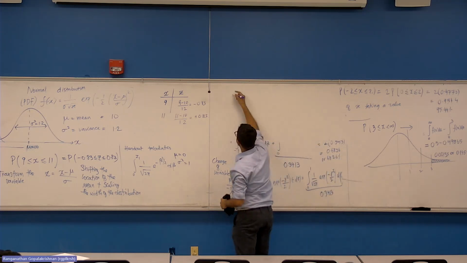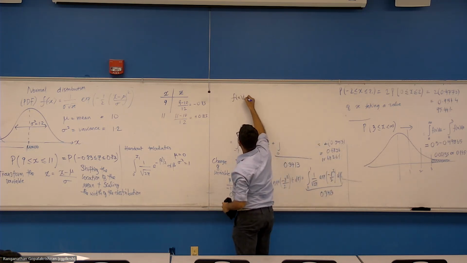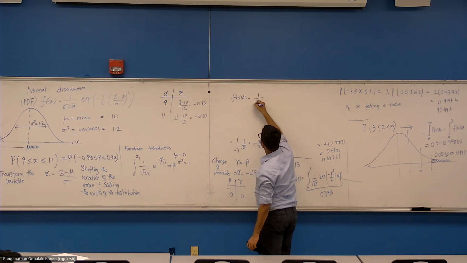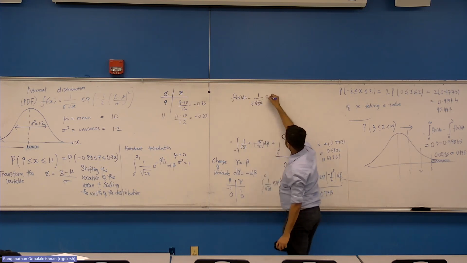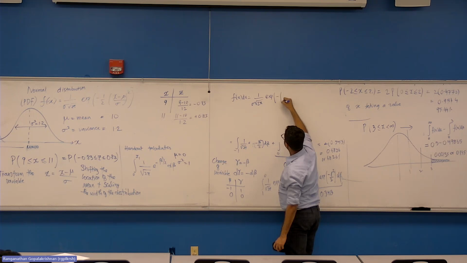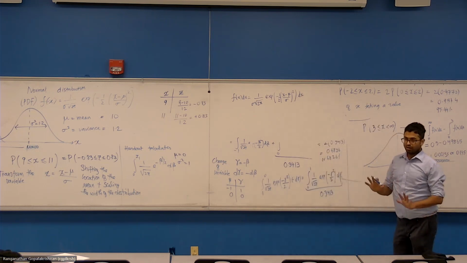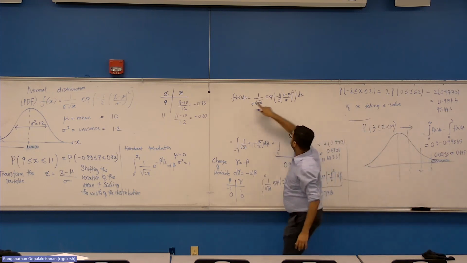What is f of x dx? f of x dx is 1 over sigma times square root of 2 pi, exponent of minus 1 half, x minus mu over sigma, squared, dx. Right? Just multiplying dx on both sides.